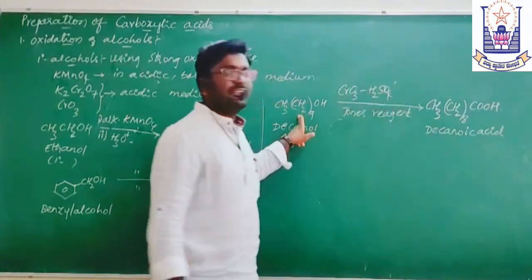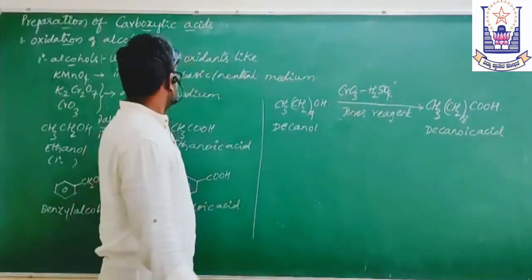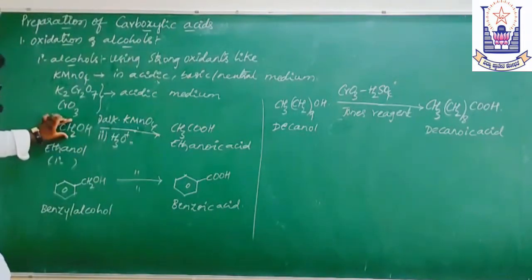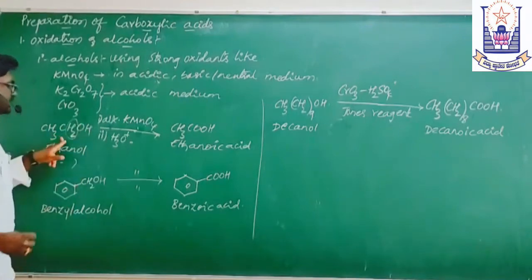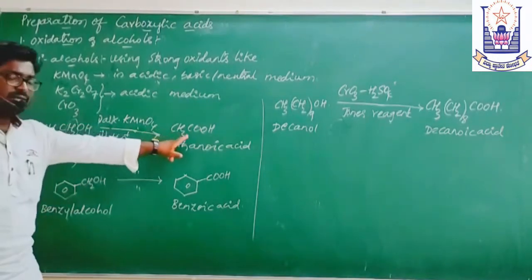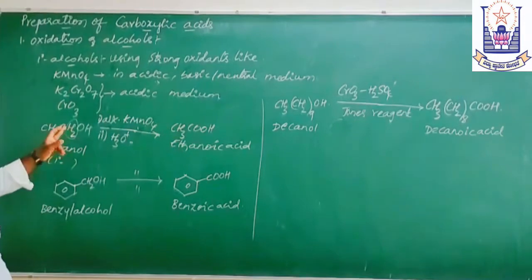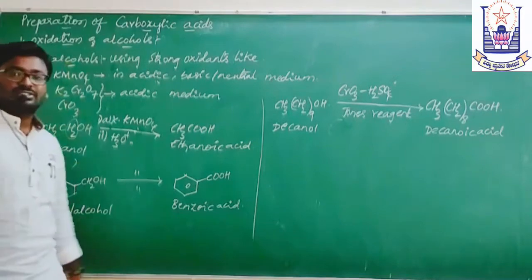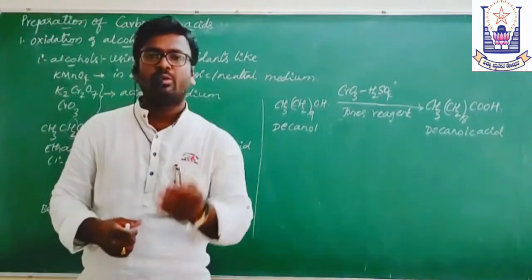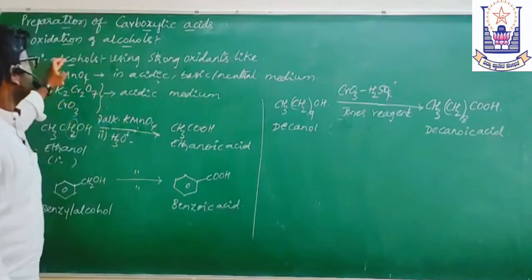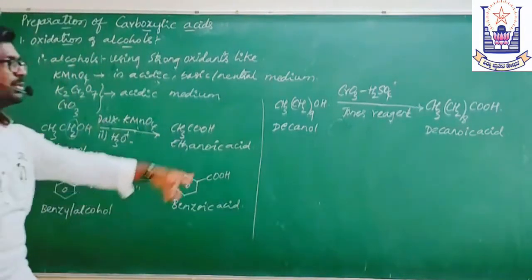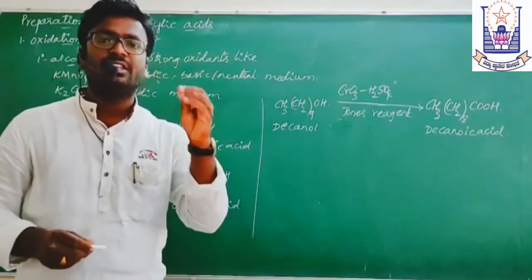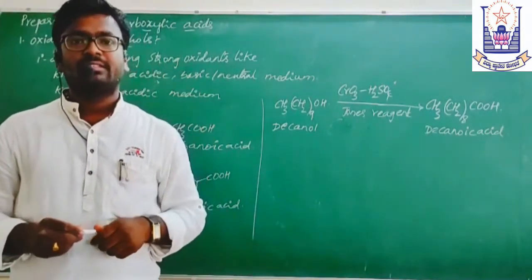Here one of the carbon atoms is oxidized. One oxygen is introduced here and H2 has been taken out. Removal of hydrogens or addition of oxygen is called oxidation. Oxidation of primary alcohols gives the corresponding carboxylic acids.